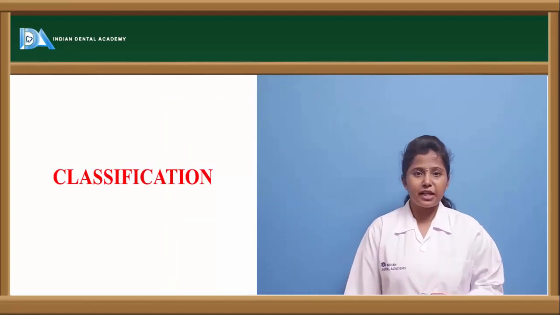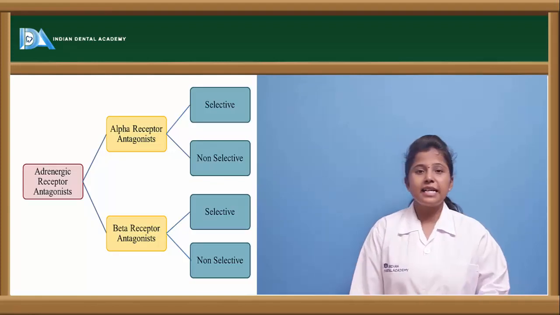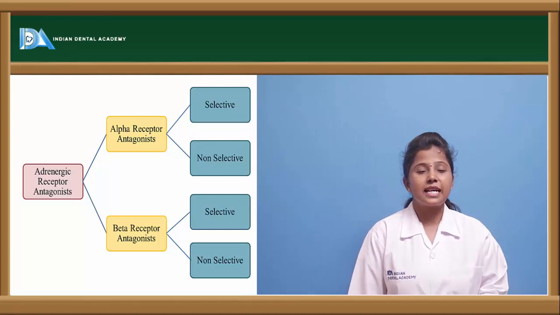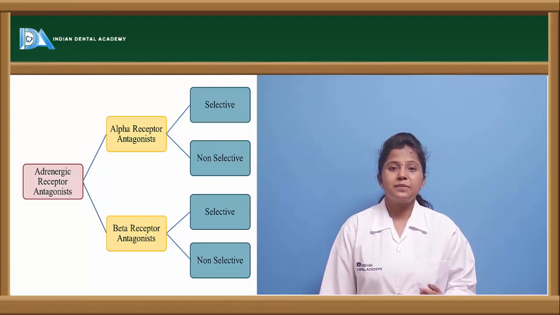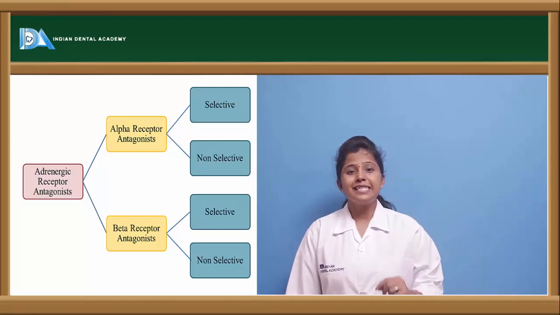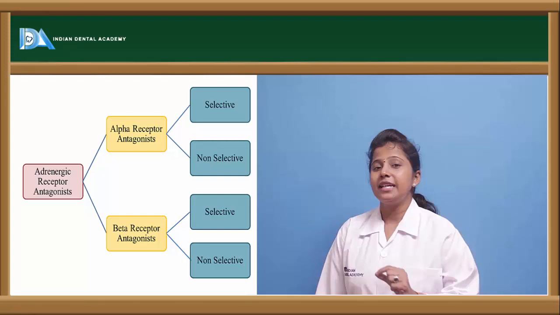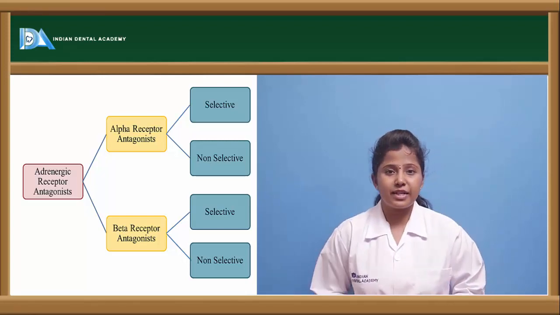Let us see how these sympatholytics are classified. Basically, sympatholytics, or adrenergic receptor antagonists, are classified into two types: alpha receptor antagonists and beta receptor antagonists. These are further classified into a non-selective group as well as a selective group. What are non-selective and selective?